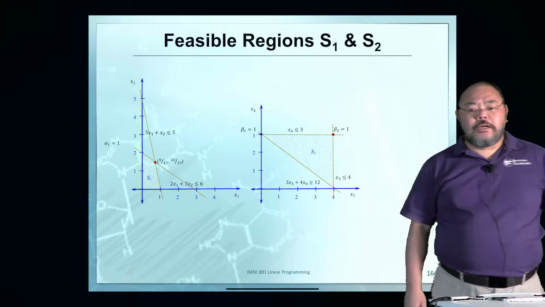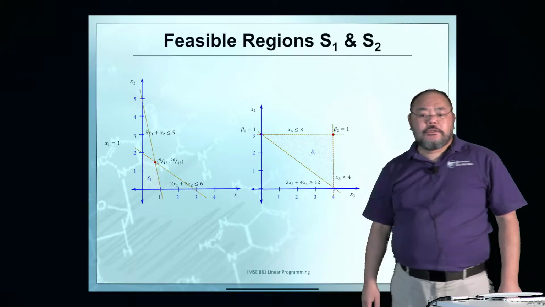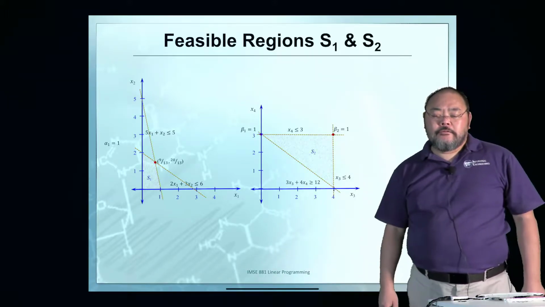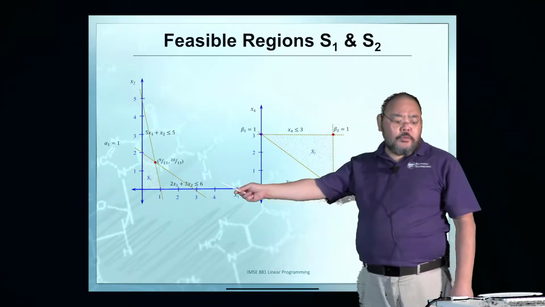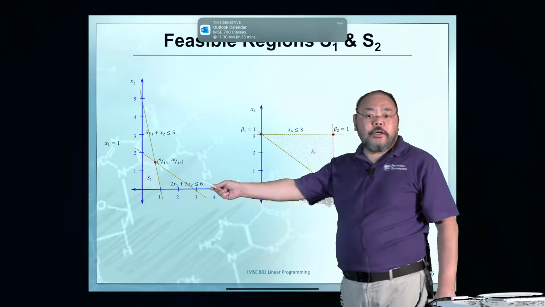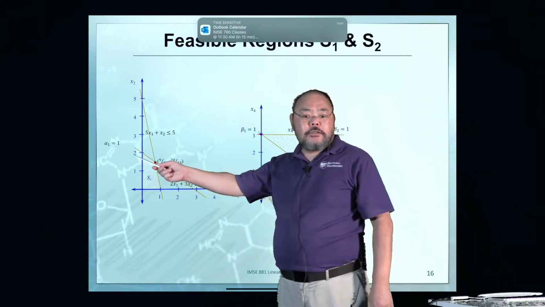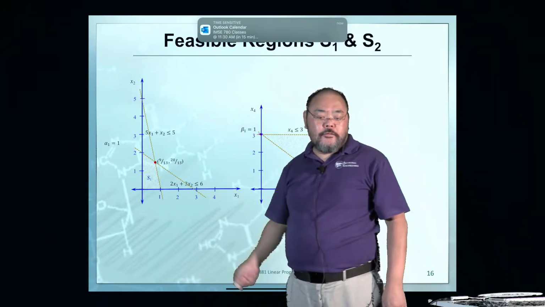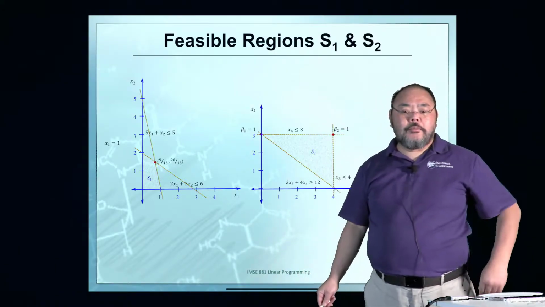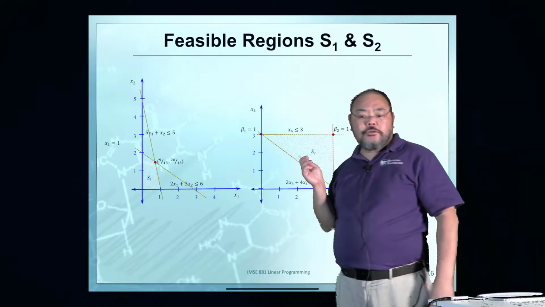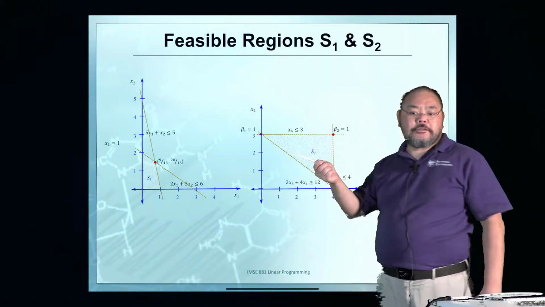Since only two variables are involved in each subproblem, we can plot x1 and x2 and easily visualize the extreme points for the first subproblem S1 and the feasible region for S2.